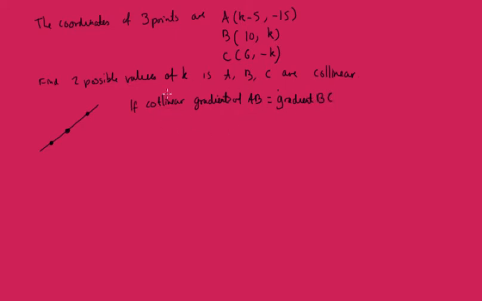So let's take our equation for the gradient, m is y2 minus y1 over x2 minus x1, and let's equate them and then do some algebra to find out the values of k.